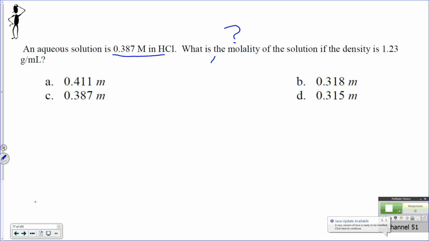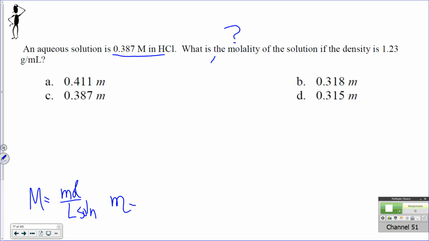And molarity, just to remind you, is moles per liter of solution. Molality is moles per kilogram of solvent. Okay? Work that out.